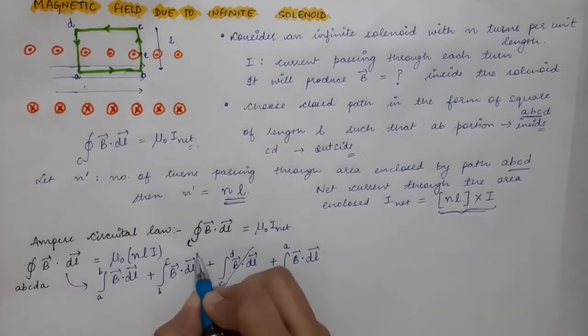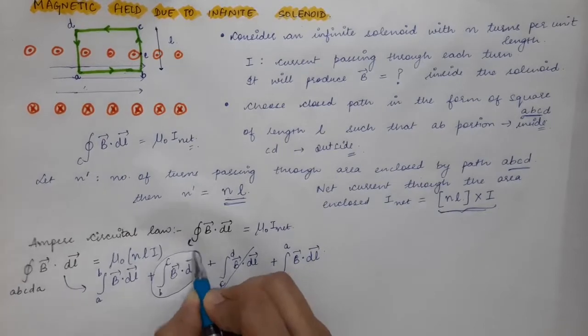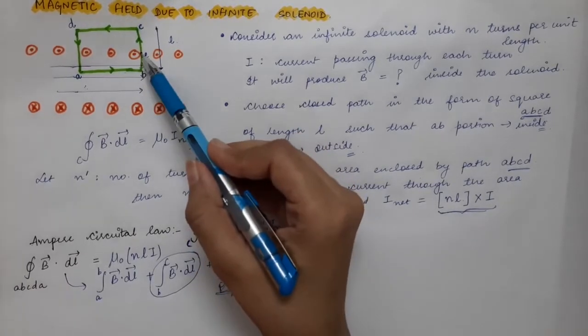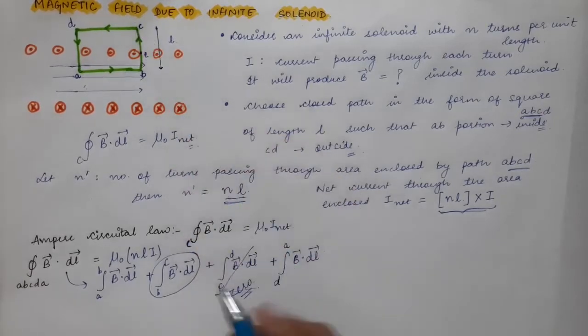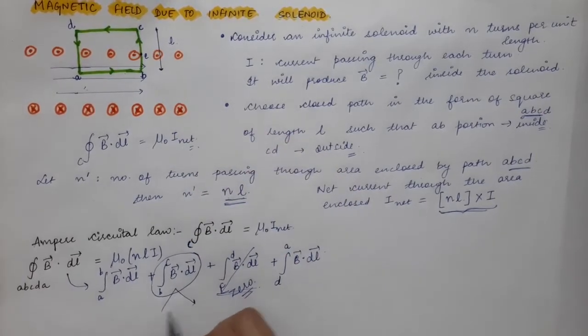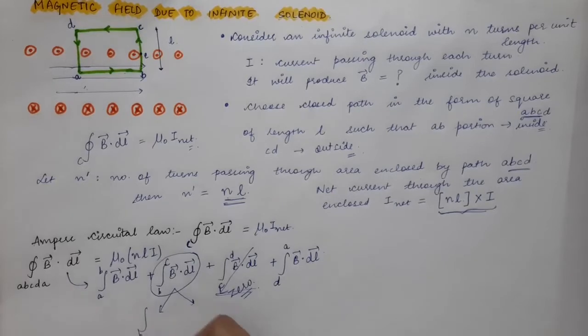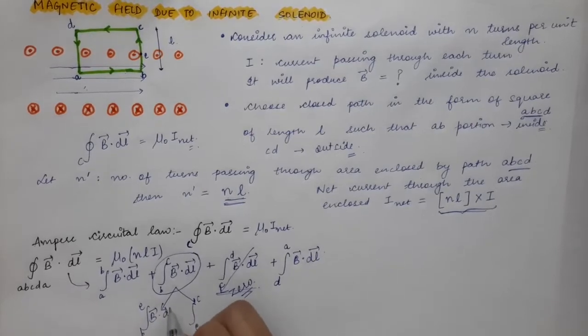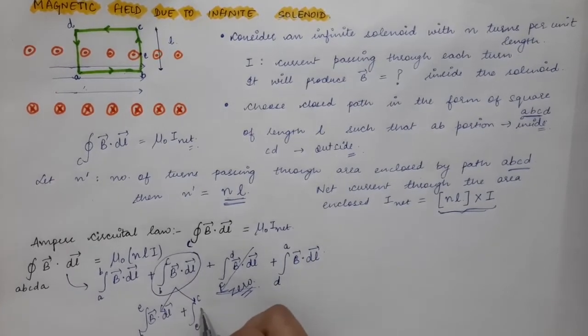So this B to C integration can be broken into two line integrals, one from B to E and another from E to C, of B vector dot DL vector.